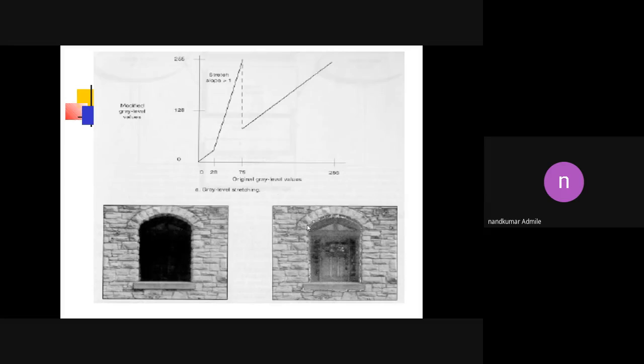Roll number 30, Mayuri Lokhande, yes. Can anyone explain this? It is a concept of intensity level slicing. Yes. Anyone unmute yourself and give an answer. Omkar Salunke.